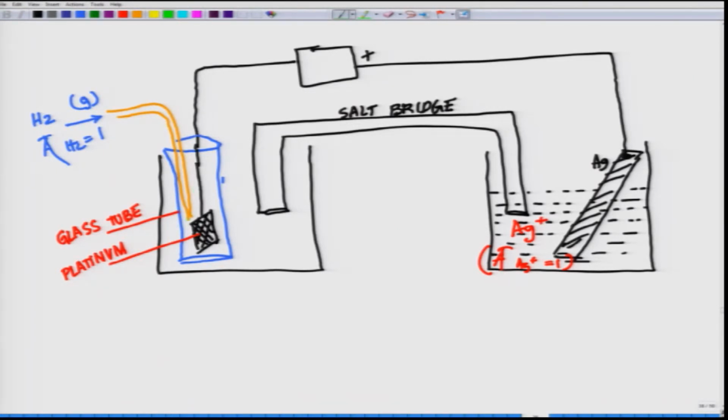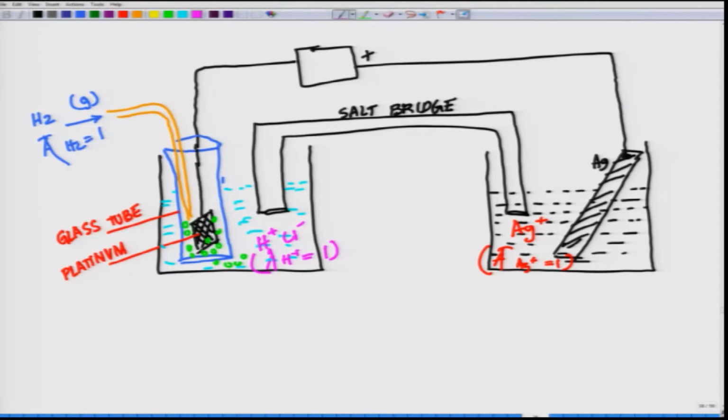I am just showing the hydrogen with the green bubbles out here, and the solution on this side is essentially HCl with an activity of again unity. This is your HCl, where the activity of H plus is equal to 1.